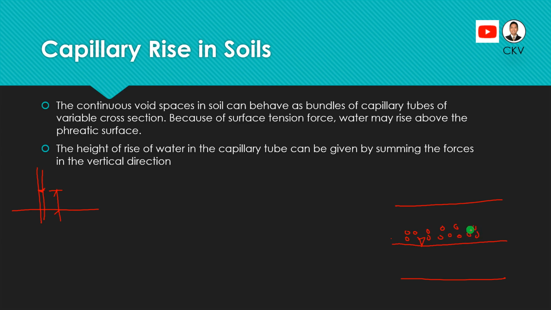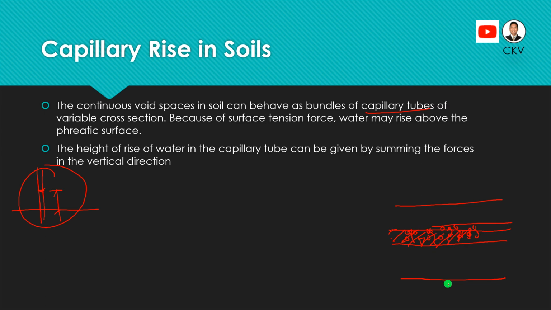Those void spaces can act as capillary tubes where the water can seep straight through those spaces. Therefore, there can be a layer in that soil that can be partially, or fully, saturated with water.